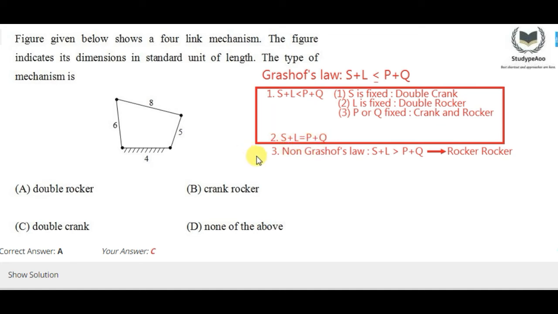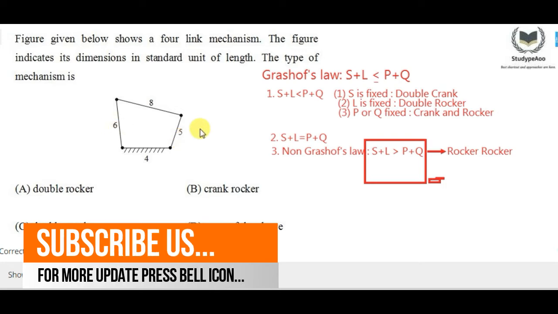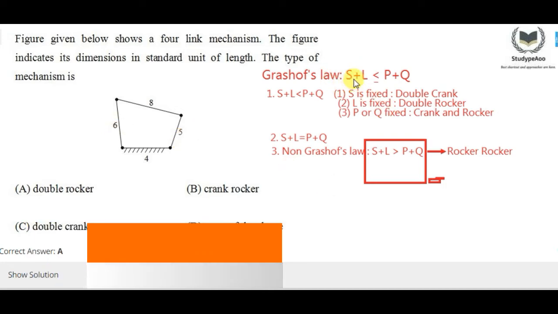Now we are going to check the third condition. If in the mechanism you find that the sum of the smallest and largest link is greater than P plus Q, the sum of the other two links, you are going to check this condition first. In every question you check this condition first. You find the smallest link and largest link and add them, and then add the remaining two links and check whether this sum is greater or not.